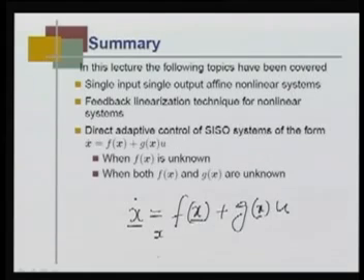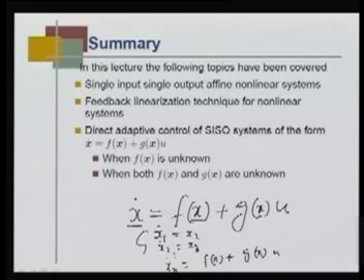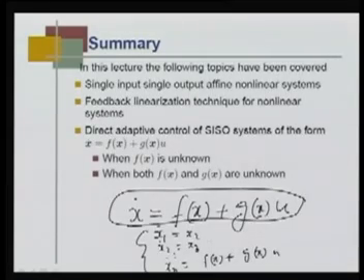But even the most simplified affine form is x 1 dot is x 2, x 2 dot is x 3, and so on, x n dot is f x plus g x u. This is even simpler than the general form, so this form is easier to analyze.